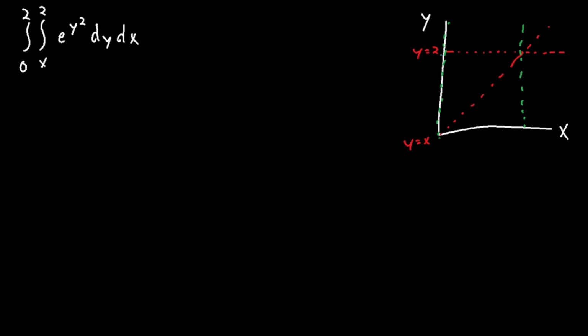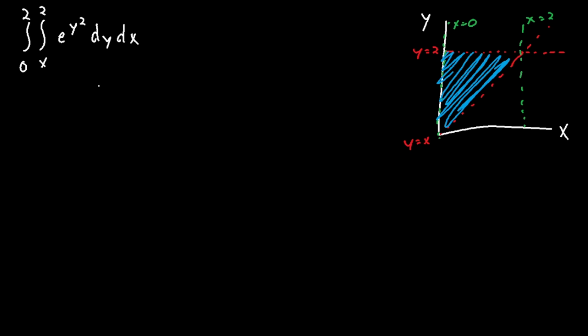So y equals 2 is our top bound here, and y equals x is our bottom bound, so between y equals 2 and y equals x is simply this shaded region. And let's write down x equals 0 and x equals 2 for this.